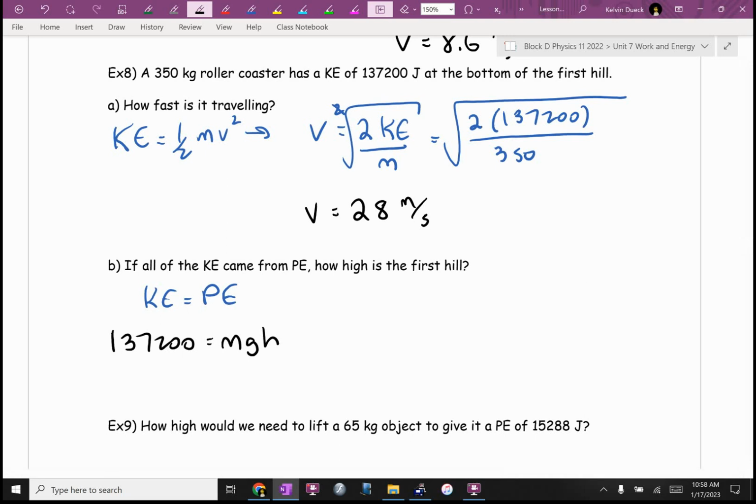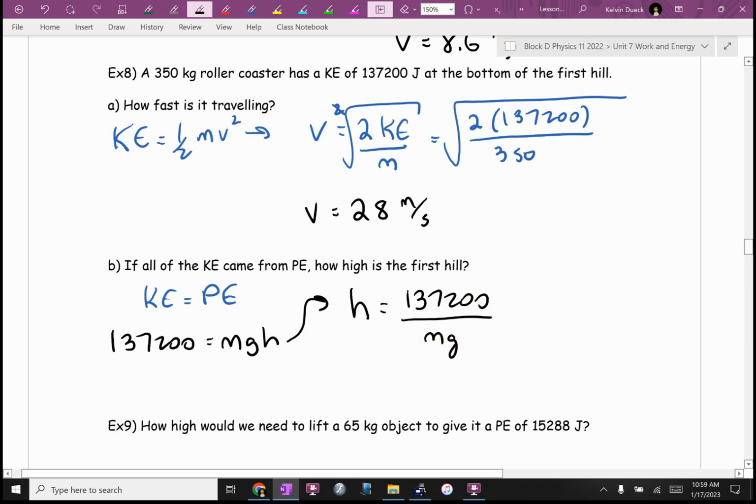How would I get the H by itself? How will I get the H by itself? I'll multiply mg over. What are the m and the g doing to the h right now? Okay, we got to remember our formula manipulation skills, right? H is going to be 137,200 divided by mg.